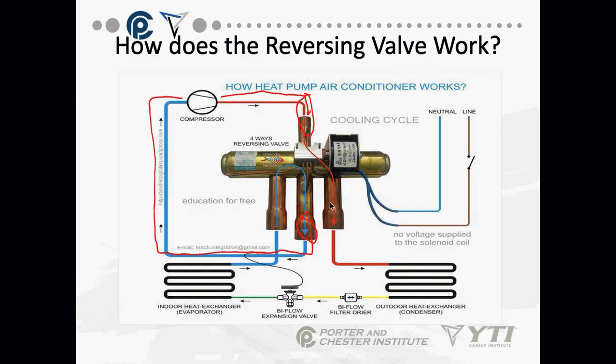Then on the right side, when you're looking at it, the right side goes to the outdoor coil. The left side comes from the indoor coil. And then connecting the two coils, one or more expansion devices and a filter dryer. It's very important that the filter dryer that's in that liquid line be reversible. Has to be able to be used in both directions.